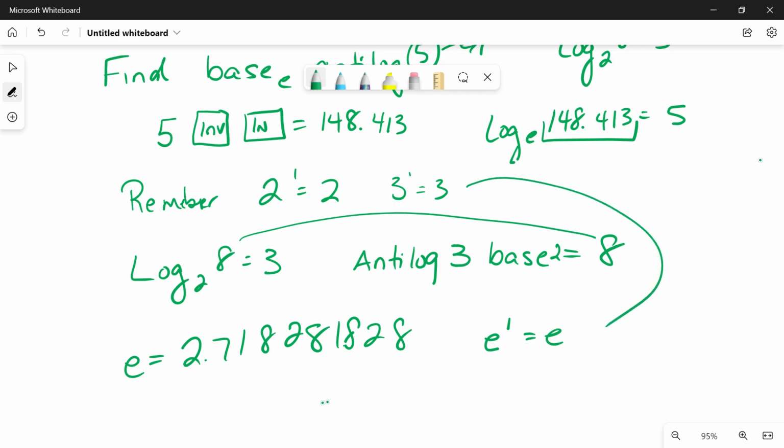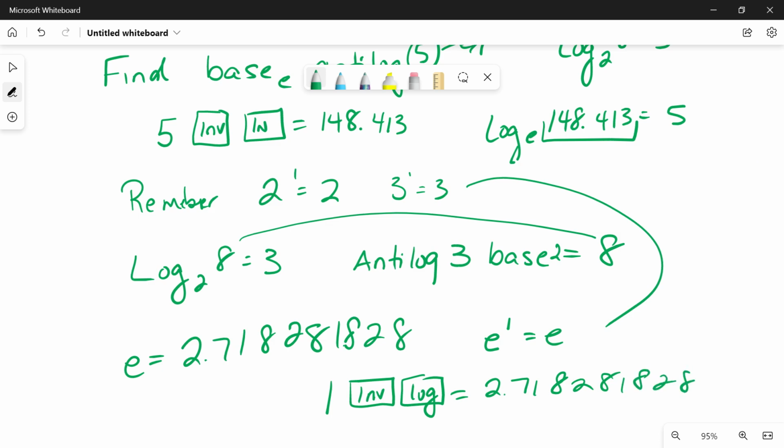So if I take 1 and do the inverse log, that's going to give me 2.71828. Lots of numbers, right? So this right here is giving you what E is equal to.